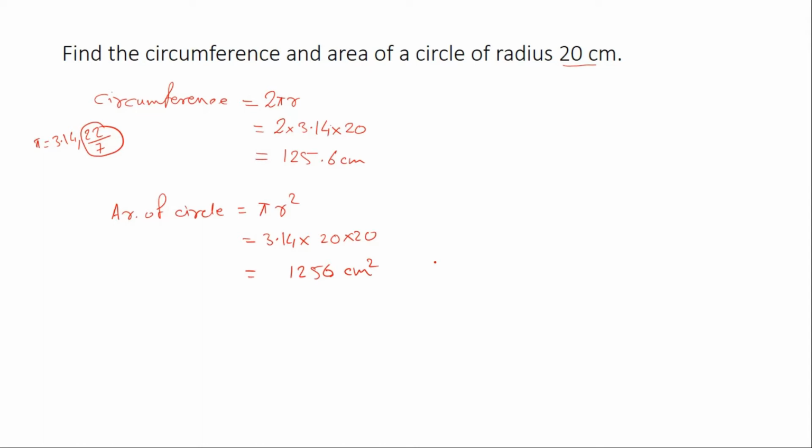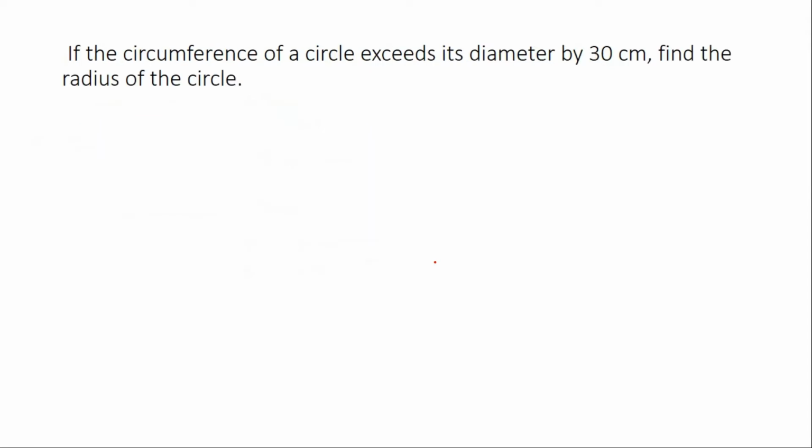Now next we will start. If the circumference of the circle exceeds its diameter by 30, then we have to find the radius of the circle. So what is given here? Circumference of the circle exceeds its diameter by 30.